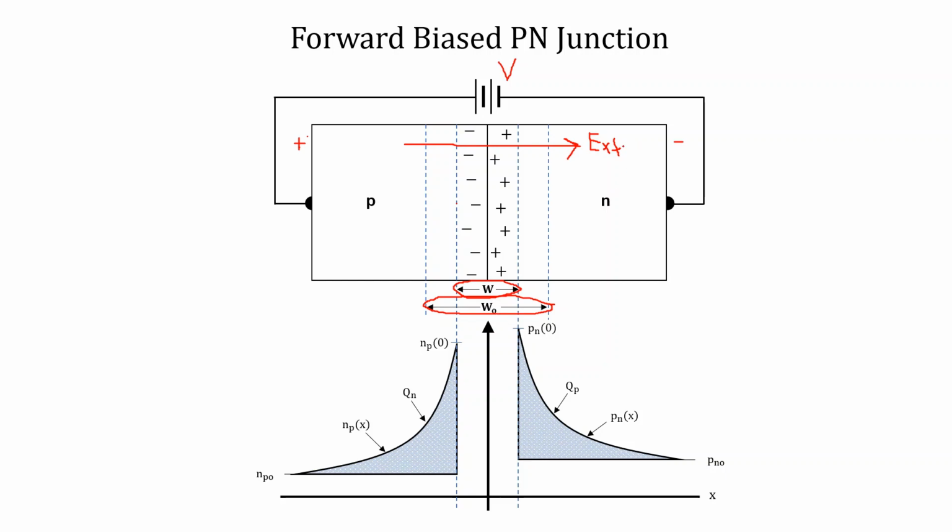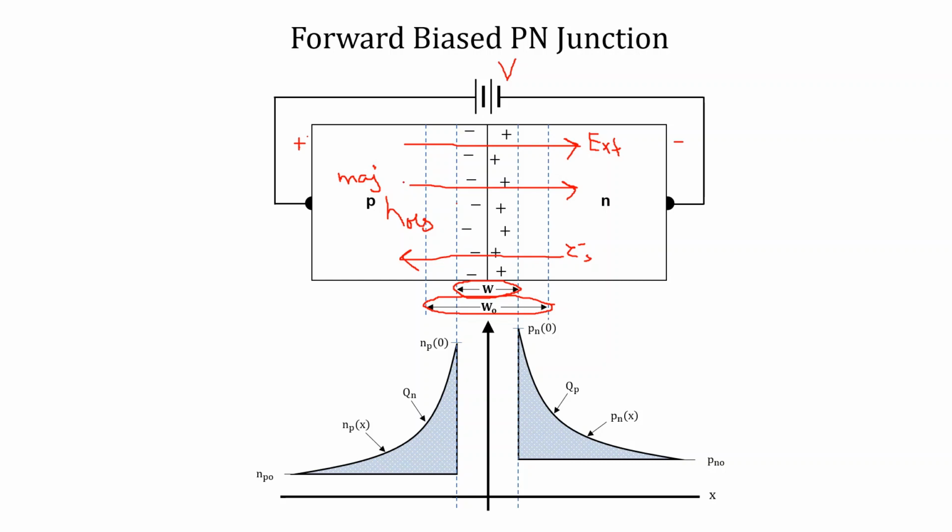Now what happens, this external electric field drives the majority charge carriers, that is holes, from P side to N side. Similarly it will drive the majority charge carriers in the N side, that are electrons, from N side to P side because of this external electric field.